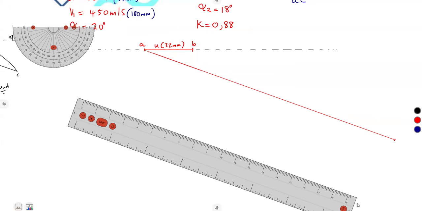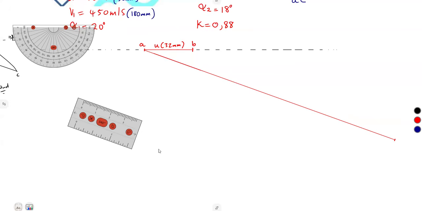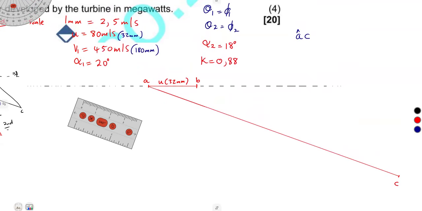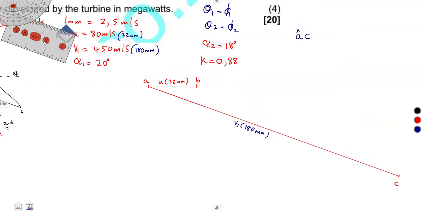That's our 180 what? Millimeters, representing what? V1. So that's our point C, this one. So that's our V1, which is 180 millimeters. We are at point C.